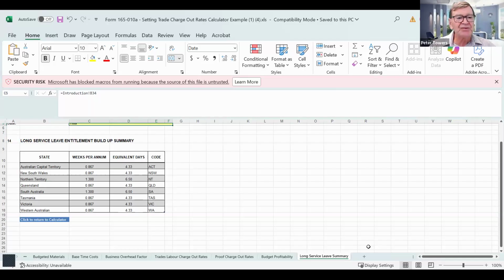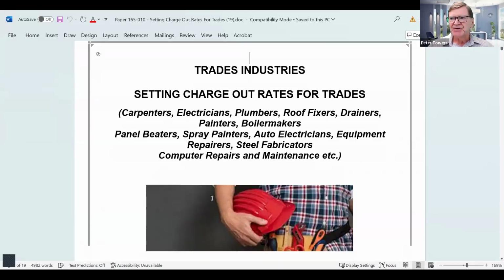I hope it's something that you're happy that you can use. What I want to go to now is the paper which we've prepared, Tradies Industry Setting Charge Out Rates.